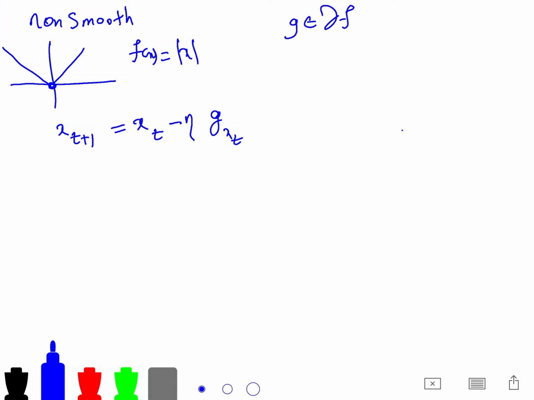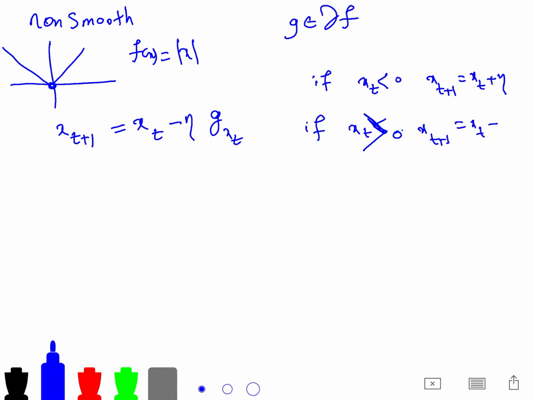If xt is less than 0, you get xt plus 1 equals xt plus eta. If xt is greater than 0, then xt plus 1 is equal to xt minus eta. So every step moves us closer by eta when xt is greater than eta.